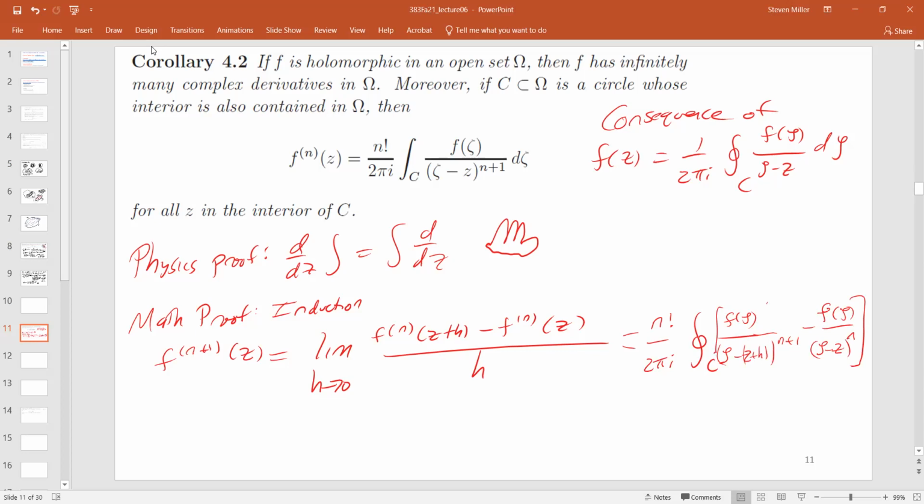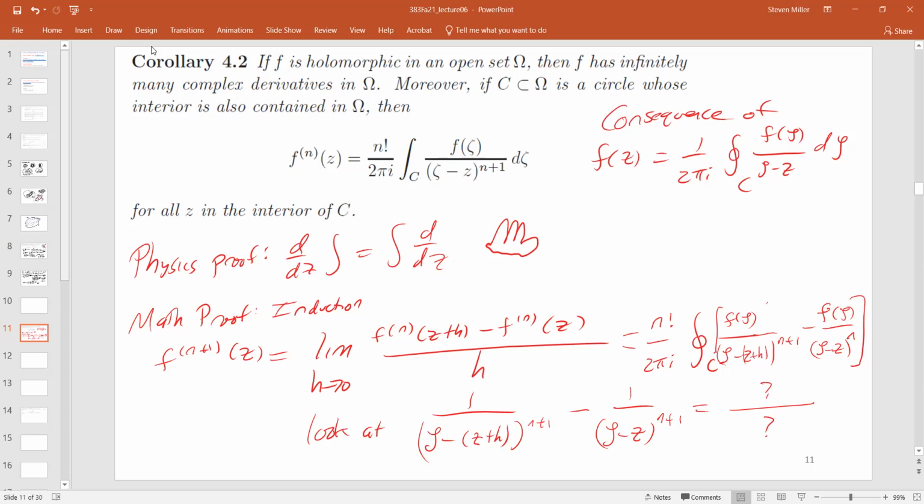And this I can do. I just have two different integrals, I can combine them. And now it just follows by doing algebra. You look at 1 over (zeta minus z plus h) to the n plus 1 minus 1 over (zeta minus z) to the n plus 1, which is equal to, I'll let you fill that in or look at the book.